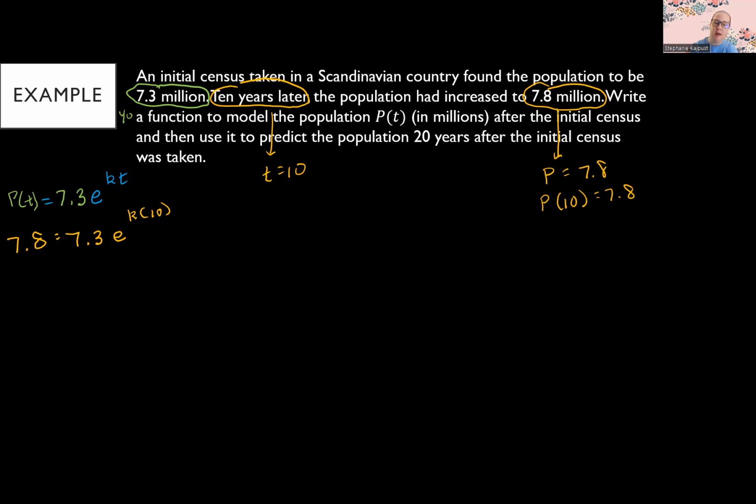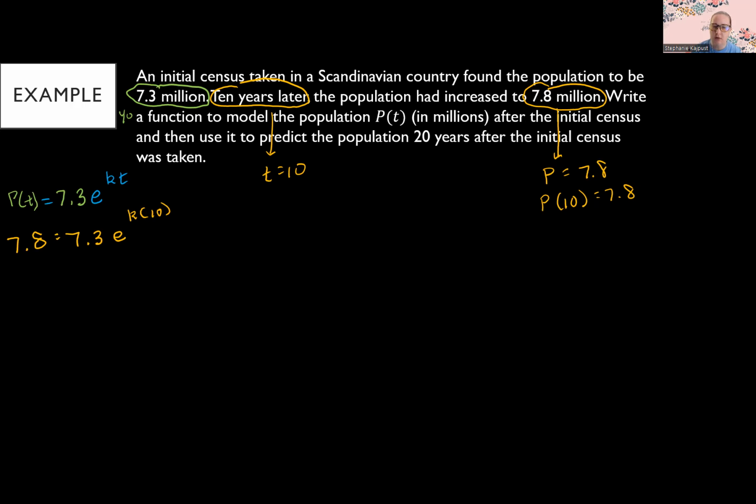So when t is 10, the output was 7.8. So now we've got this equation that we can solve for k. Because remember, e is a special number, so we don't have two variables here. e is not a variable, it's a constant. So we need to solve this for k. And that will tell us what the actual percentage is that it's growing.